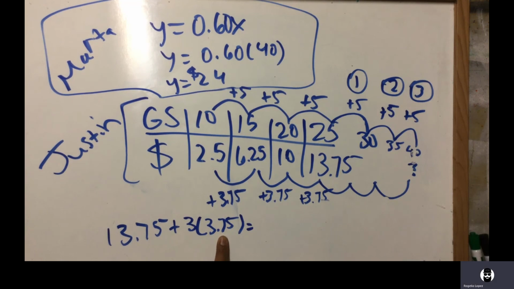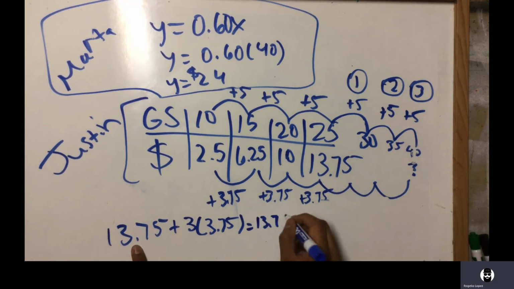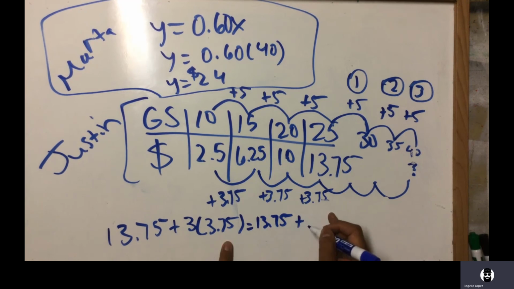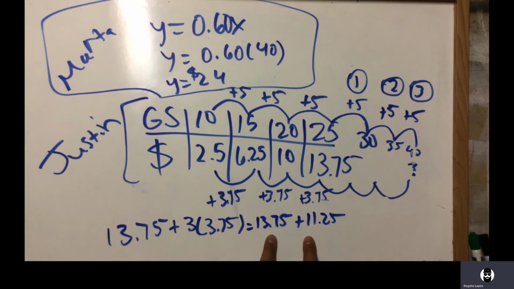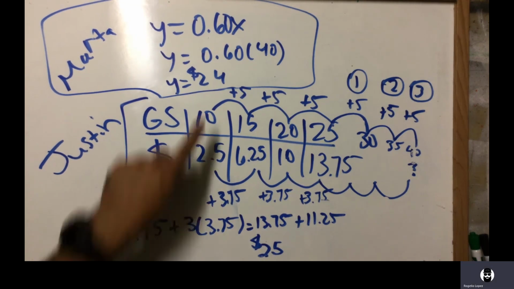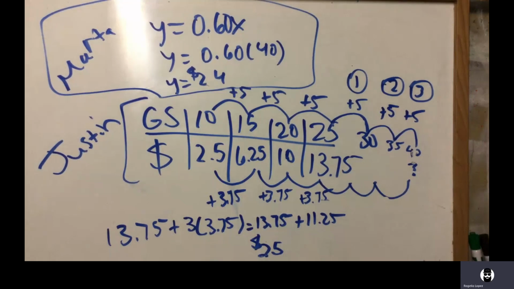So 13.75 stays the same, and 3 times 3.75 comes out to 11.25. Now we add those two together, and we get 25 bucks. So Justin makes $1 more than Marta because he makes 25 and she makes 24.